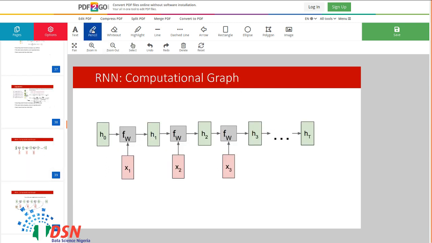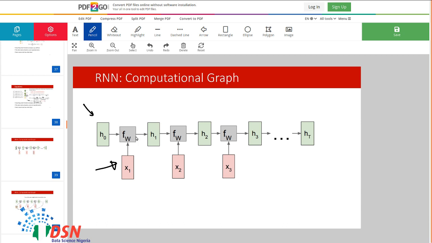Now let's see the computational graph of RNN. I think this is a simpler representation of RNN. We have the initial hidden state and the first input.